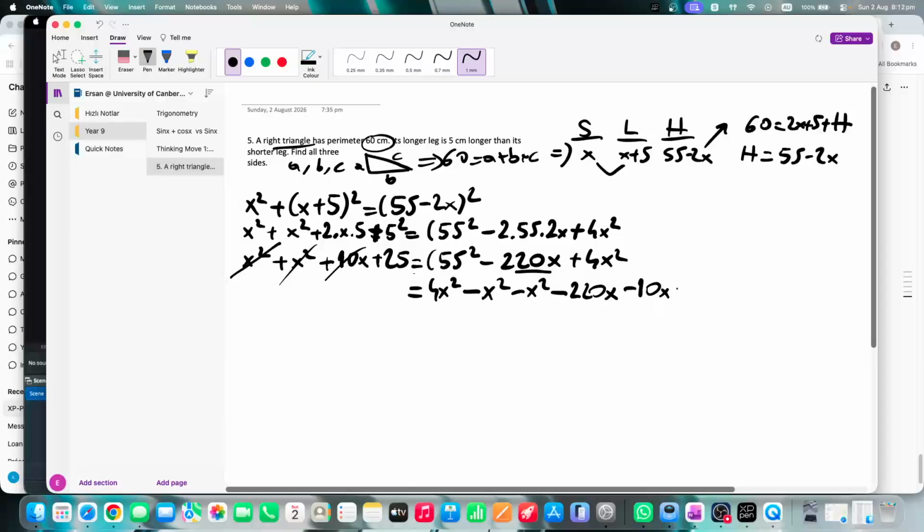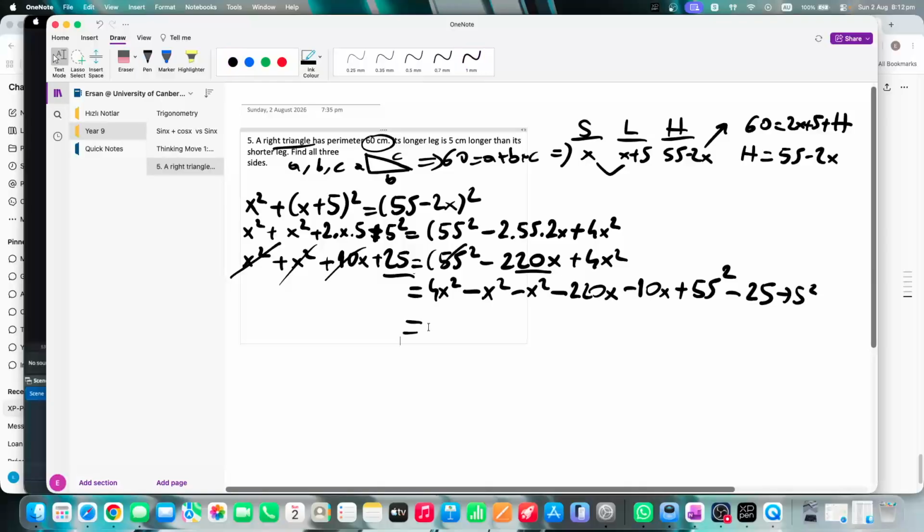So now I only have as constants 55 squared here, and then 25 here, but I'm going to change its sign to 25. 25 is 5 squared, so I can leave it as 5 squared as well.